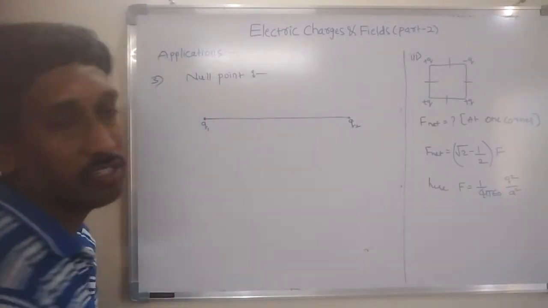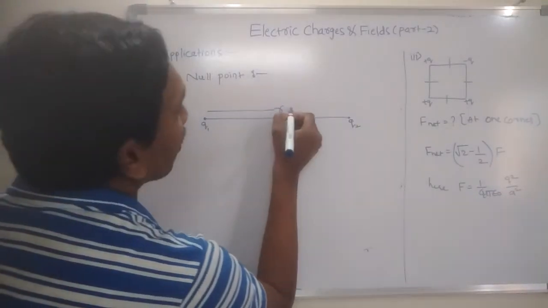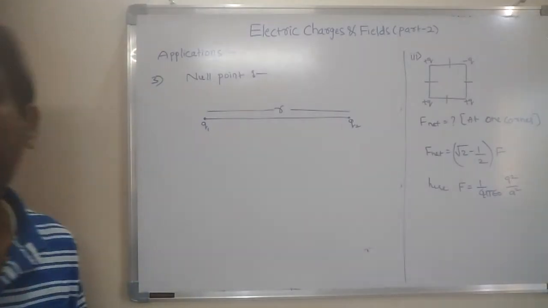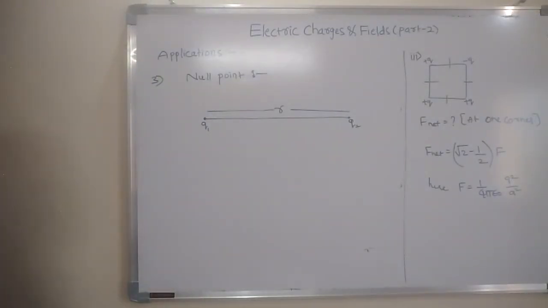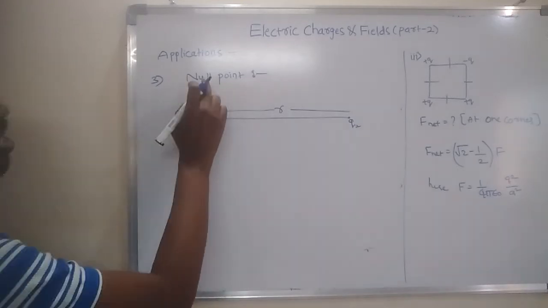These two are point charges. They are separated by some distance r. If you consider a third charge, at some distance from the Q1 charge, then where is the null point forming? Null point means the resultant force due to the two charges on the third charge is 0. That is called the null point.